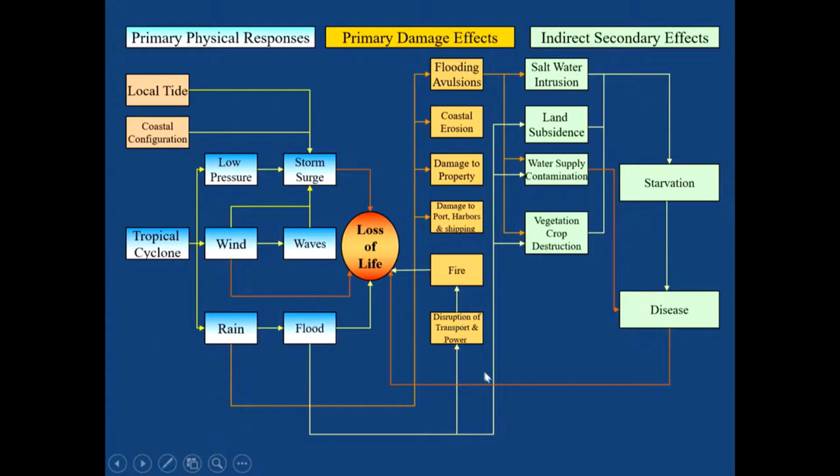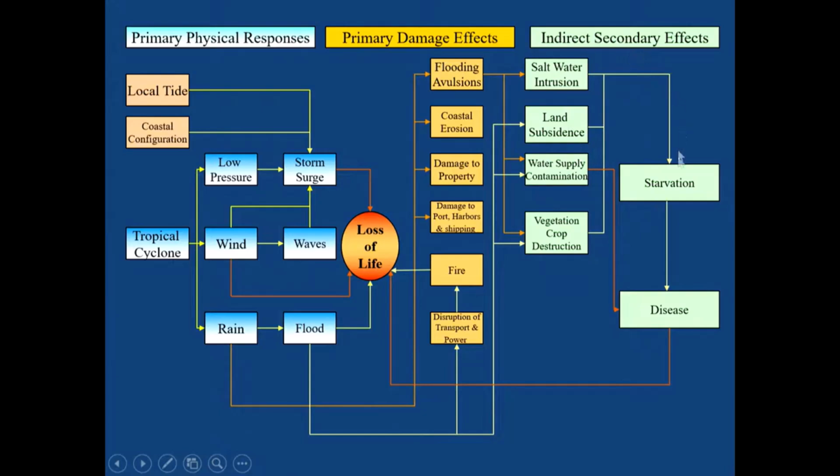So these are all associated with the flooding, and also these are indirect secondary effects. One is saltwater intrusion. So ocean water will enter into the fields, and it will bring damage to the crops, and water supply also will get contaminated due to flood water entering into the system, and land subsidence.